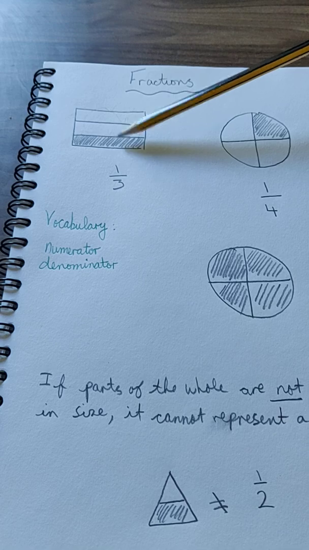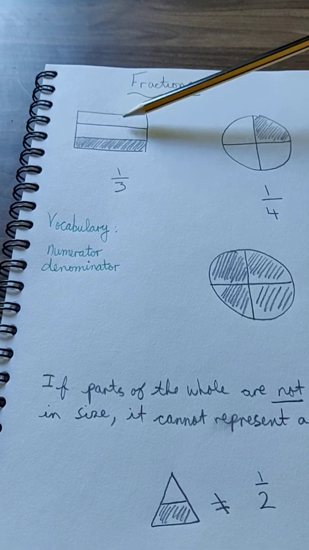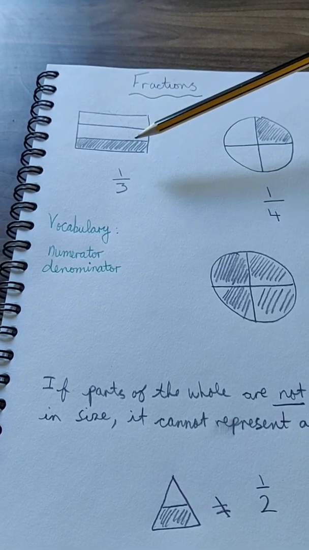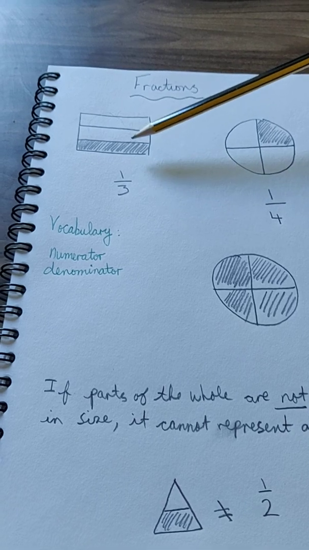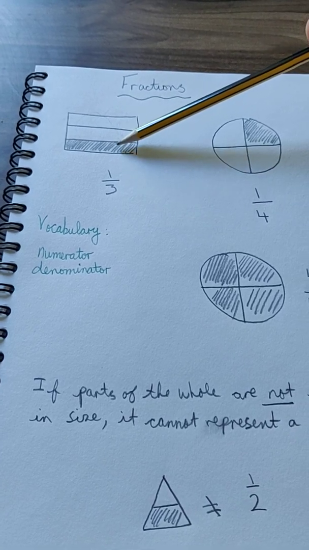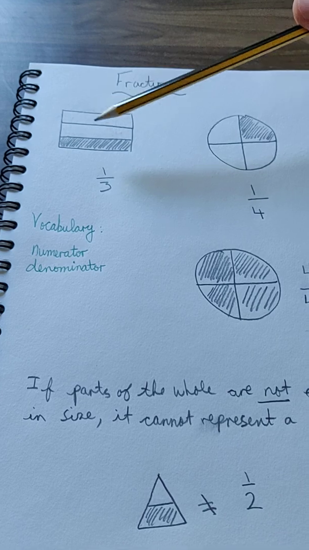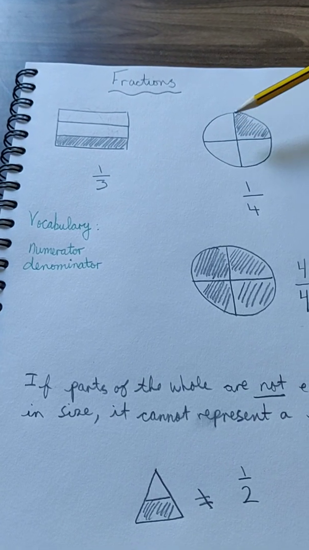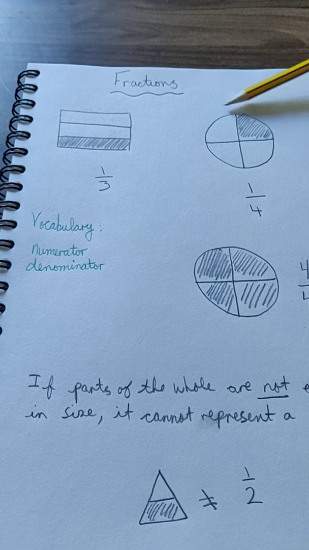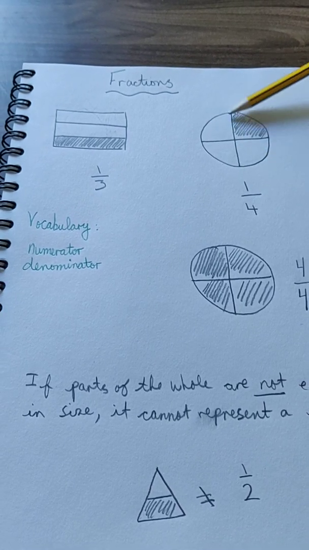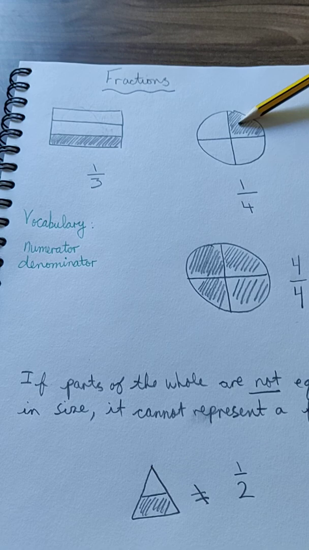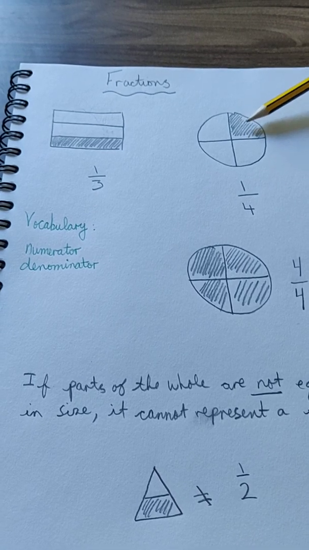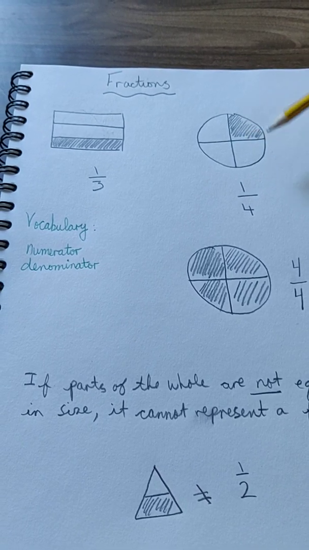So the very first thing is that each and every part has to be of the same size. So we call that the part, one of the parts, to the whole model, okay? One part out of the whole thing. So a fraction really is a chunk out of the whole thing. The whole thing would be my whole shape, and the fraction will be what is shaded in.